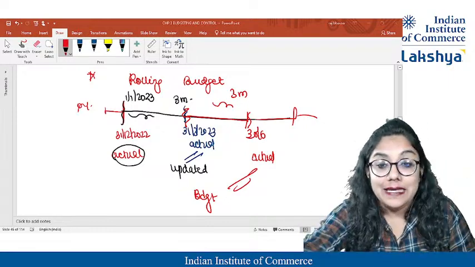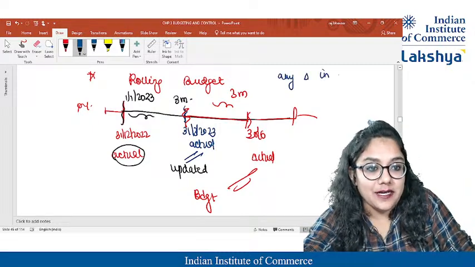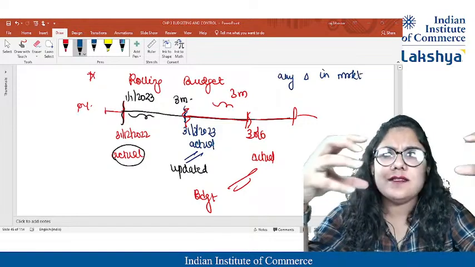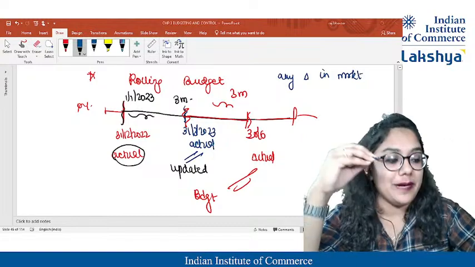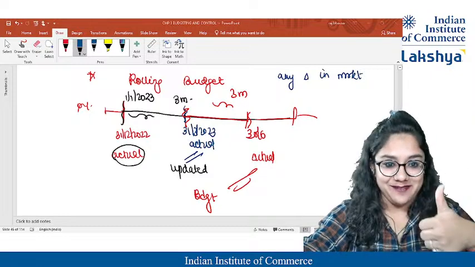So if any changes in the market or environmental or external factors turn around, it's not something we have not considered, because we are updating our budgets considering all the economic and environmental factors.